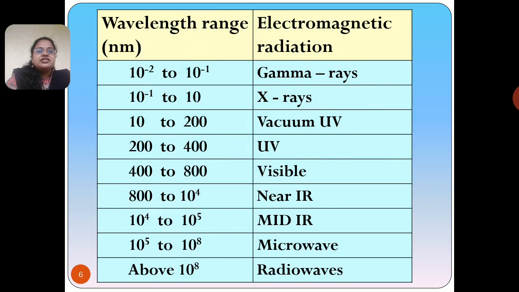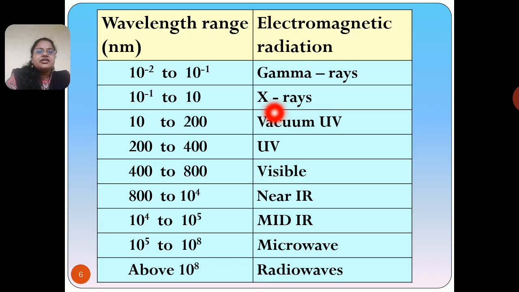In the chart, the right hand side shows the various kinds of electromagnetic radiations, while the left hand side shows the corresponding wavelength range. I would like to give you one example: gamma rays have the wavelength range 10 raised to minus 2 to 10 raised to minus 1 nanometer.